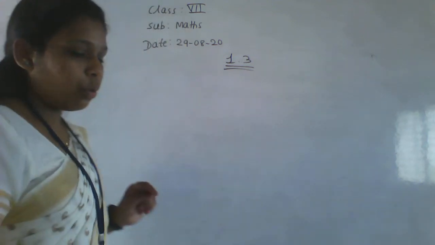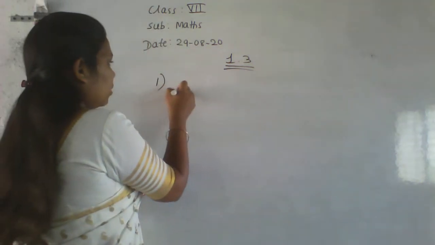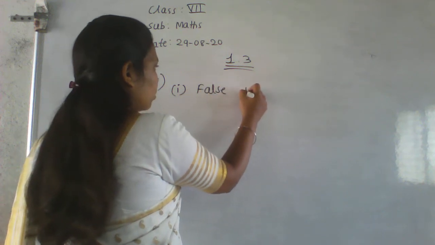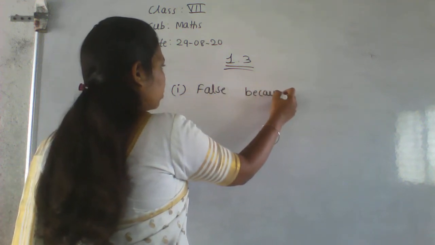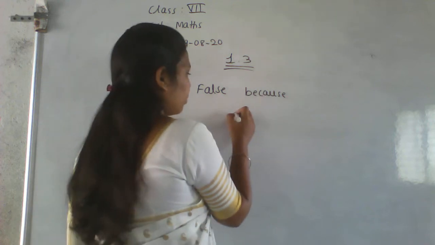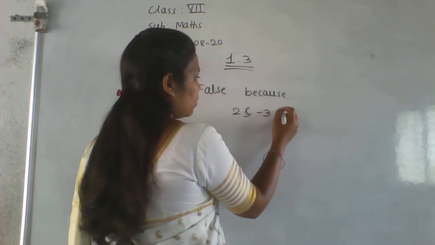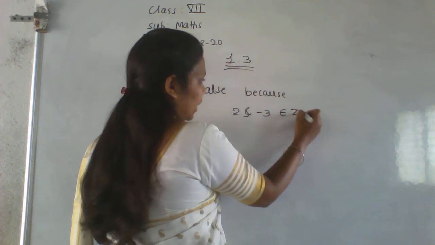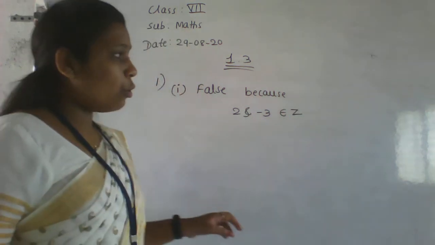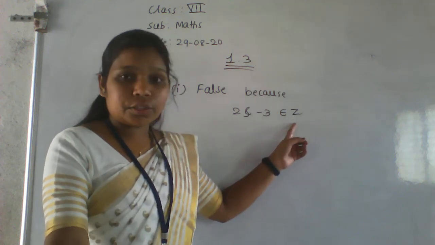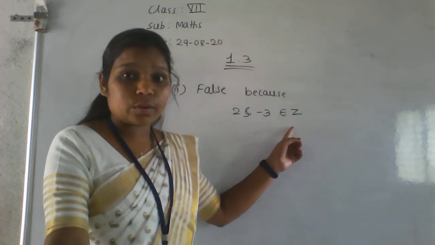So the first one is false, because 2 and minus 3 belong to integers. I am not going to write the letters here. This symbol means belongs to, and this one means integers. In the first class only I told this, right?